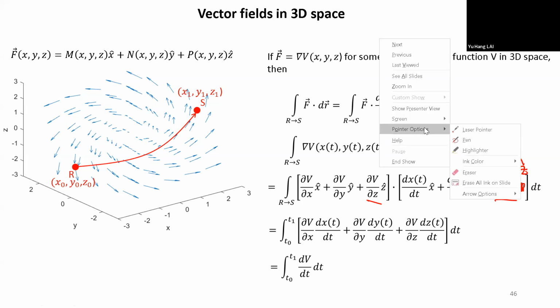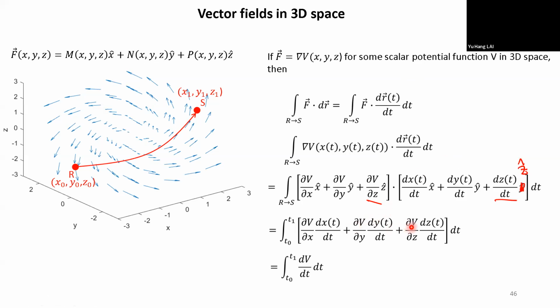Here we use the chain rule for 1 more variable, x, y, z. But at the end, it can be written as the integral of dv/dt dt. And that means this is equal to the value of the v function at the point s, the ending point, minus the value of the v function at the initial point r.